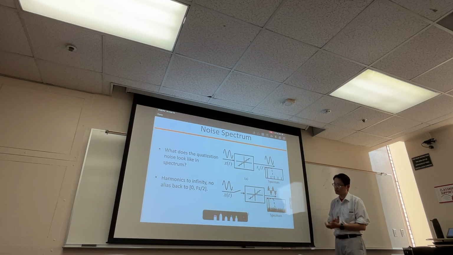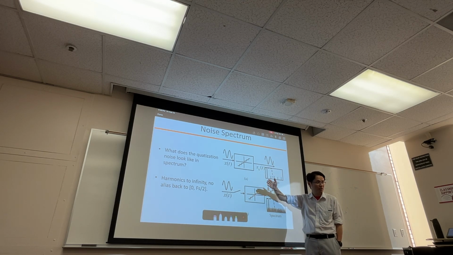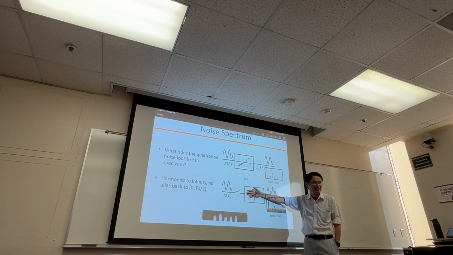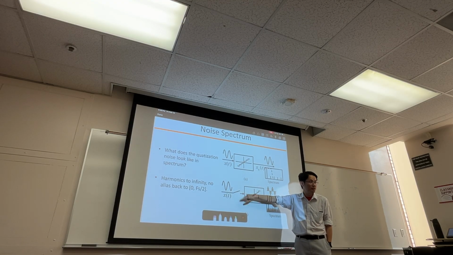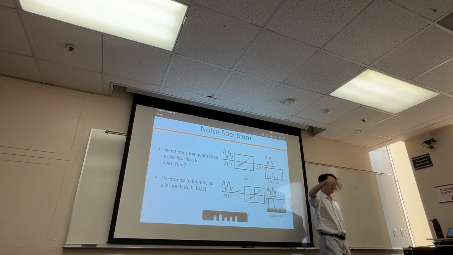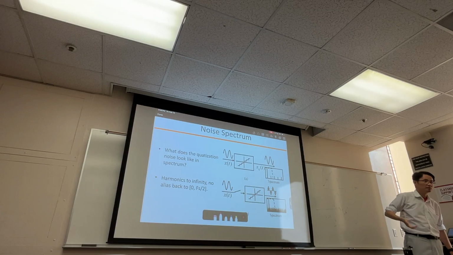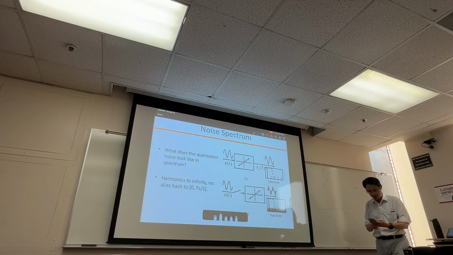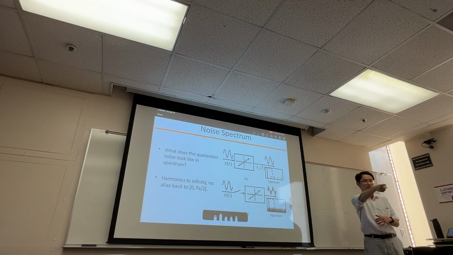However, I'm going to turn this back to the uniform sampling ADC. In a uniform sampling ADC, basically I have a sampling action here. What does the sampling action give you? If I sample at fs, what happens? From the signal processing lectures, aliasing.